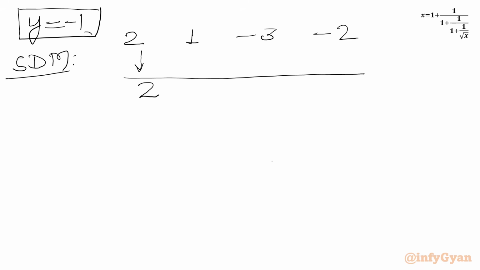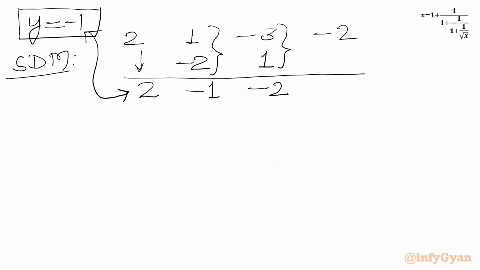We multiply our base solution with this leading coefficient: minus 1 times 2, product is minus 2. Adding these two numbers, we get minus 1. Again, multiplying minus 1 with minus 1, the product is 1. Adding these two, we get minus 2. Multiplying minus 1 with minus 2 and adding gives us 0.